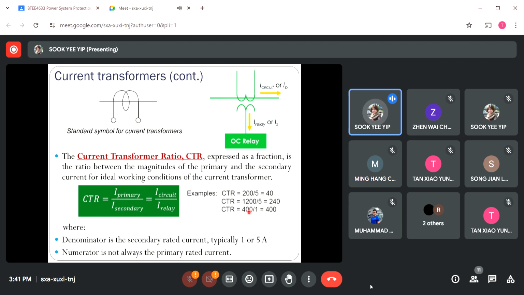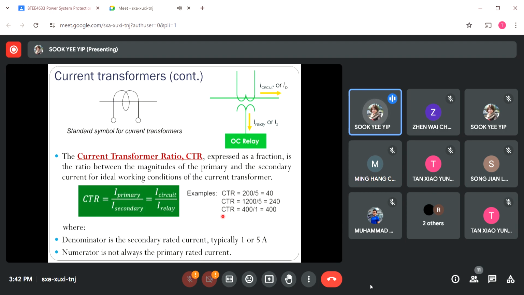And one more last example here. What if we have a calculated current transfer ratio of 400, and we know that the secondary current has been standardized at 1 amp? We can also interpret that this primary current is actually 400 times bigger as compared to the secondary current. So that's how we decode this current transformer by looking into the current transfer ratio.